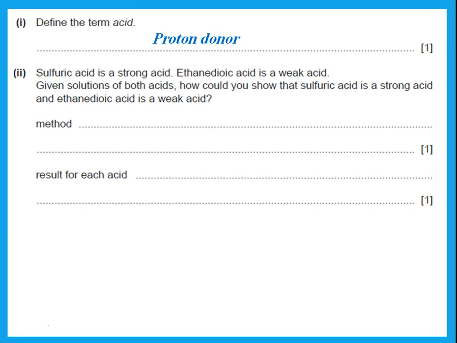Sulfuric acid is a strong acid. Ethanedioic acid is a weak acid. Given solutions of both acids, how could you show that the sulfuric acid is a strong acid and ethanedioic acid is a weak acid? To determine if something is strong or weak, we cannot use litmus because litmus just tells me if it's acid or base. So I need to use universal indicator.